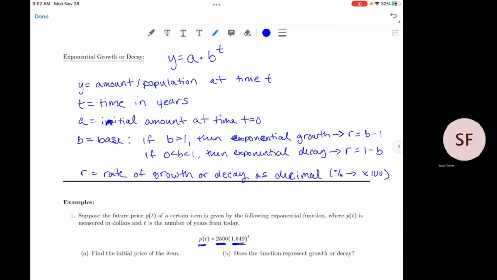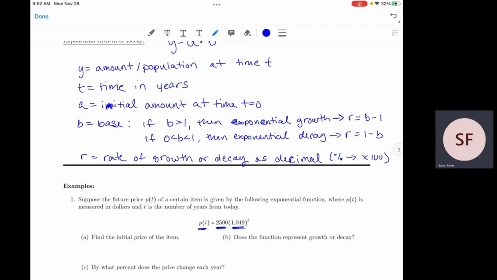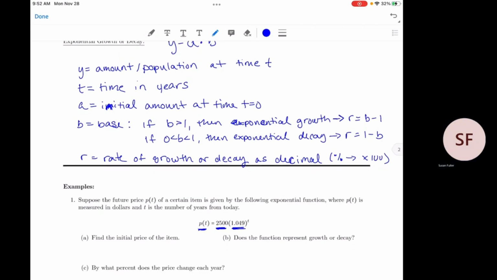Okay. So what is the initial price of the item? Well, our initial price is our starting price. That's our starting amount. And here, that's our A value. Our A value is 2,500. So the initial price of this thing is 2,500, and it's a price, so it's in dollars.